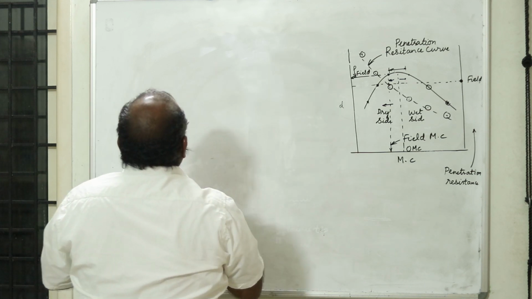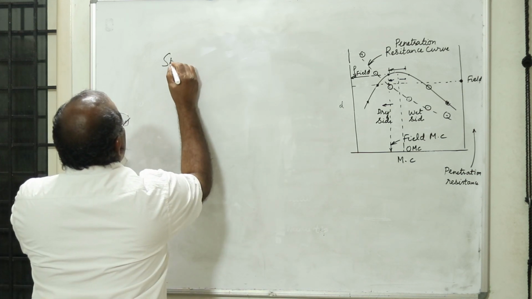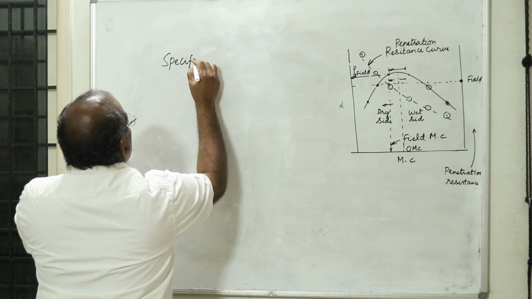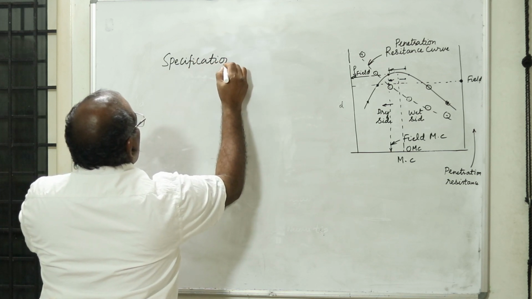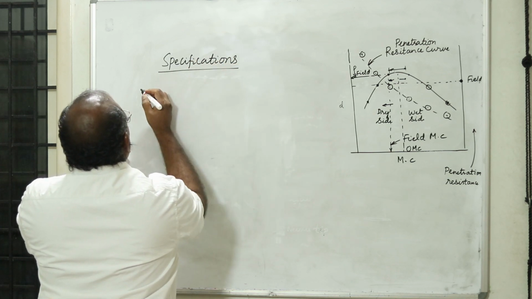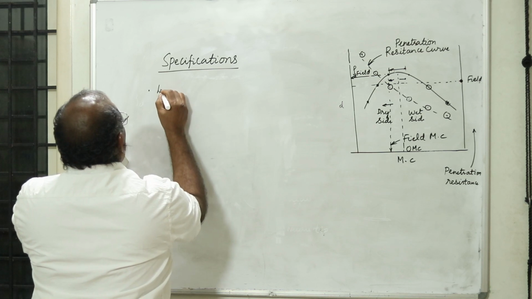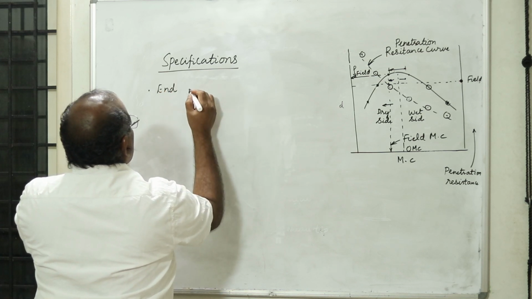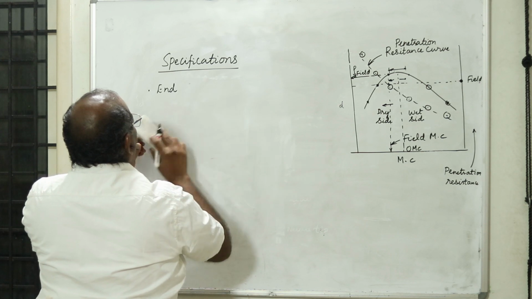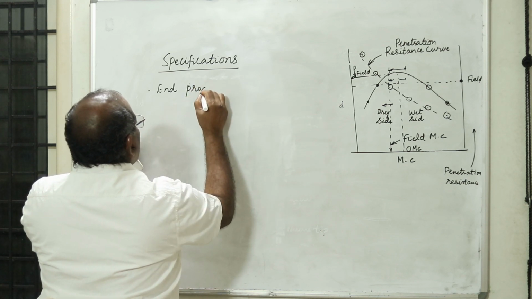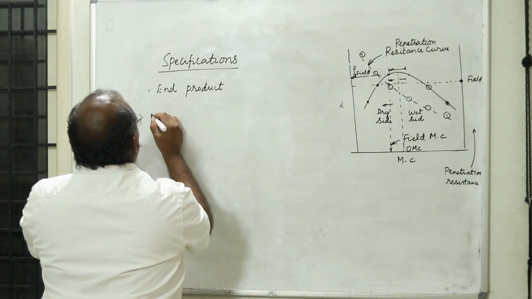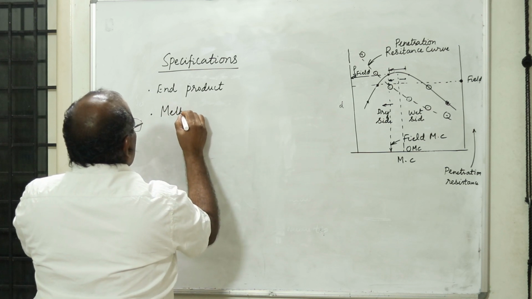Now coming to the next aspect, which is very important: the specifications. The compaction specifications. There are two specifications: the end product specification and the method specification.